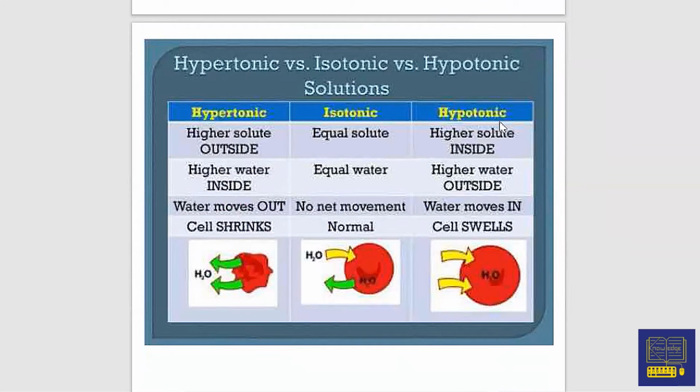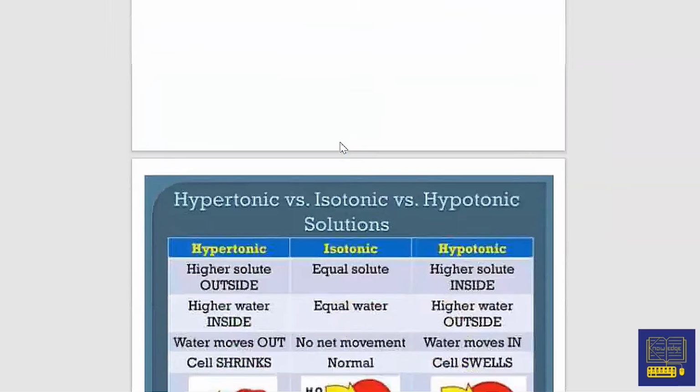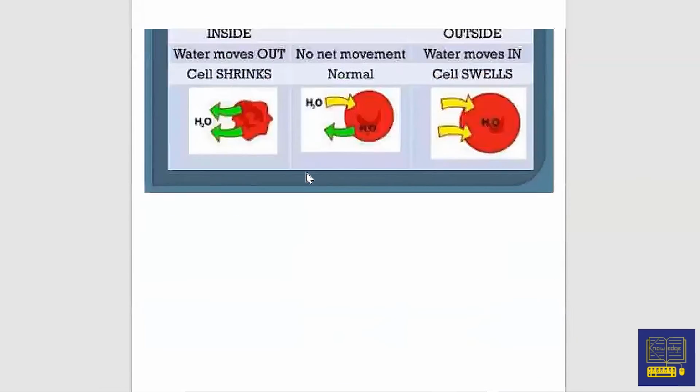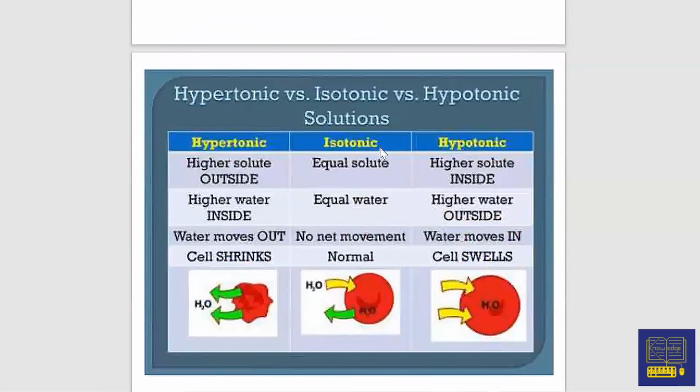Now let's discuss isotonic solutions first. In an isotonic solution, both sides have an equal concentration. Equal solutes, equal water, no net movement, and it's normal. The cell remains normal.